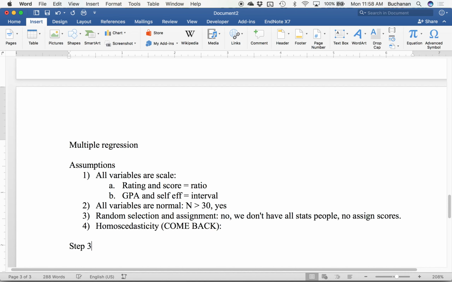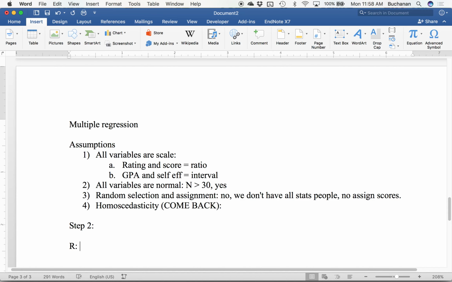Step 2 is to come up with a prediction. So our research hypothesis is that the variables, so rating, GPA, I left a variable out a second ago, self-efficacy, exam time. Right, that's interval as well. There's no 0 exam. So rating, GPA, self-efficacy, and exam time predict scores.